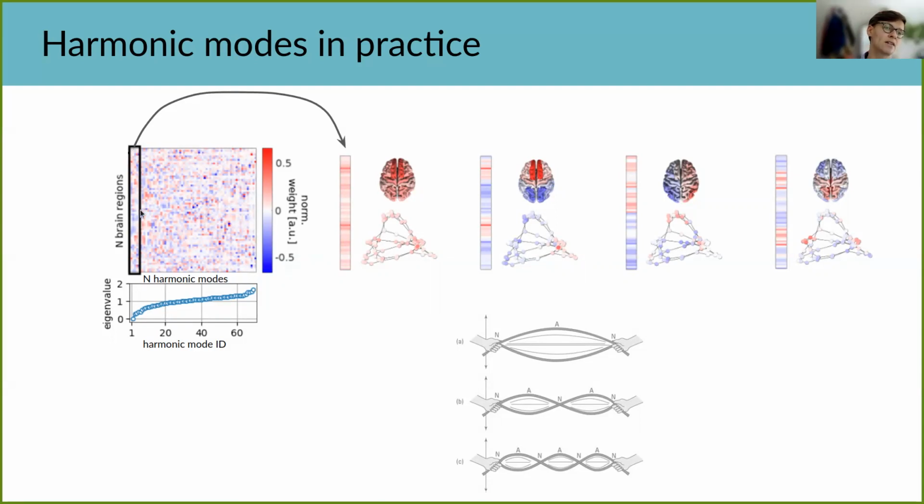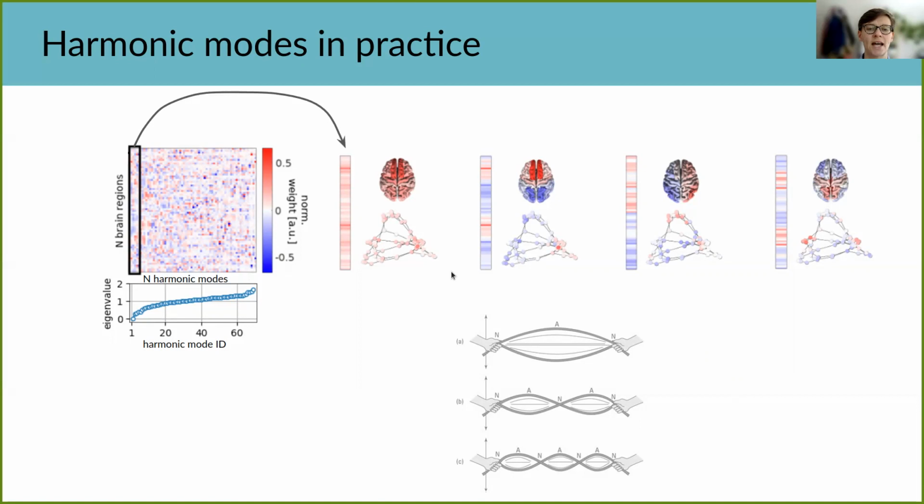So you can project the values in this vector back onto your brain surface, let's say. And this is what I illustrated here, just for the first 4 eigenvectors. So here's the vector, then the same values are just projected back onto the brain surface. And here's also an illustration of what this looks like on the graph.